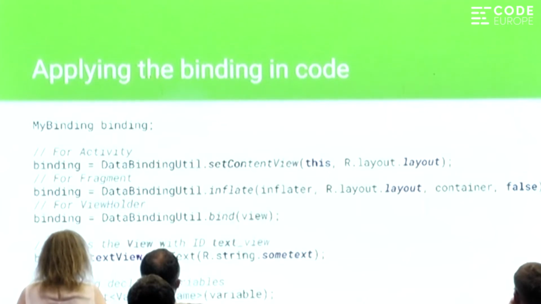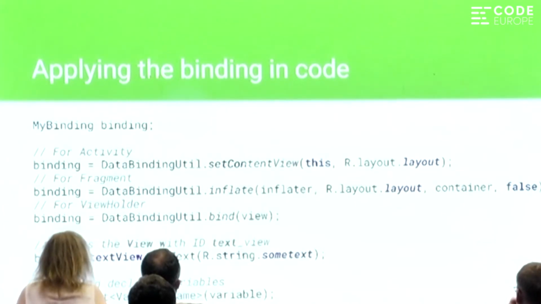As I told you before, you can access all the views with an ID in the layout as fields on the binding. You can see this here at the bottom. If you define an ID text_view in the layout, you can just access it via binding.textView. And now on to the most important thing for Model-View-ViewModel architecture.